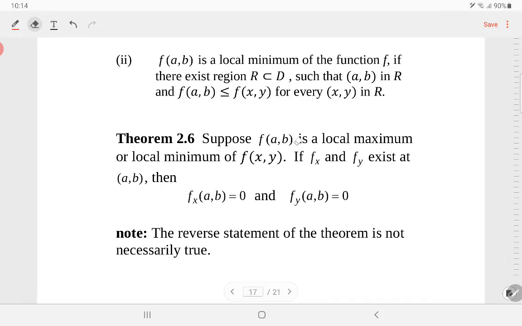Note that the reverse statement is not necessarily true: if both partial derivatives are 0 at (a, b), that does not mean f(a, b) is a local maximum or a local minimum. But if f(a, b) is a local maximum or minimum, the partial derivatives at (a, b) will definitely be 0.